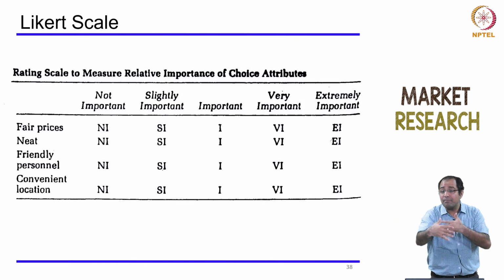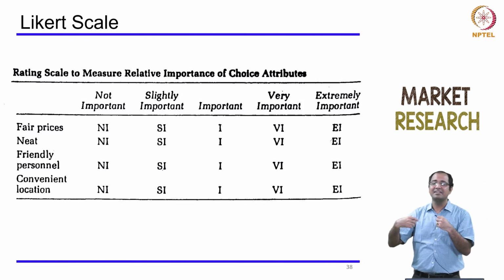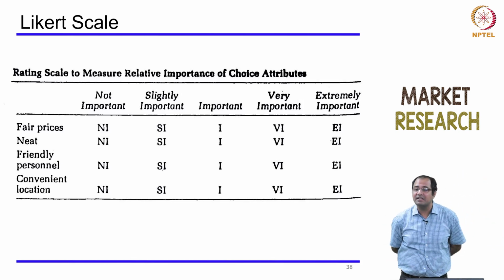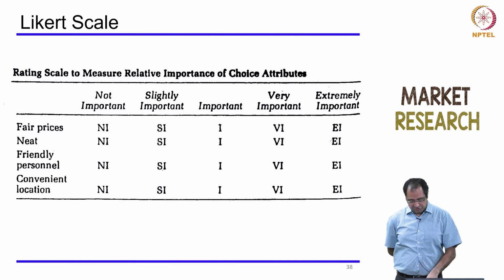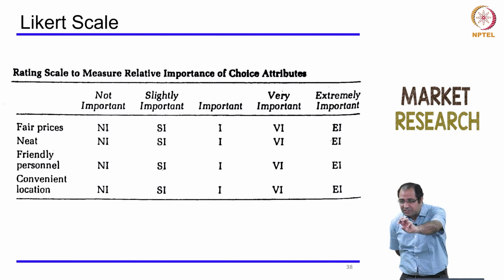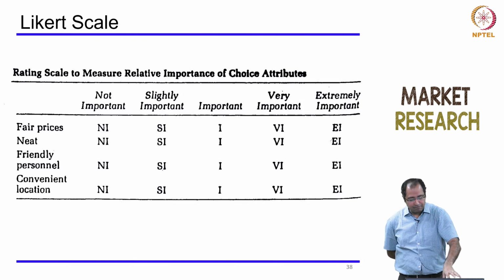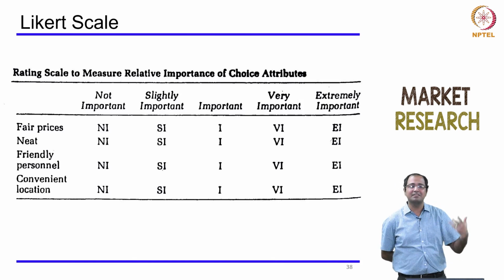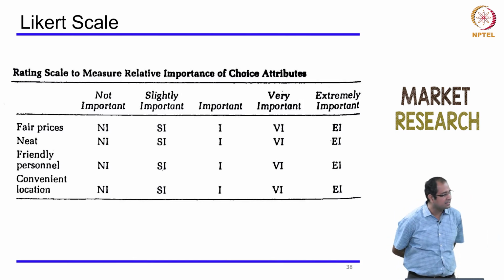You are in a way doing comparison, but through non-comparative scaling, because you are taking rating and you are comparing the rating scores. This is not an example of measuring a concept through multiple statements. This is an example where you compare the different attributes in terms of their importance, but using the non-comparative scaling.